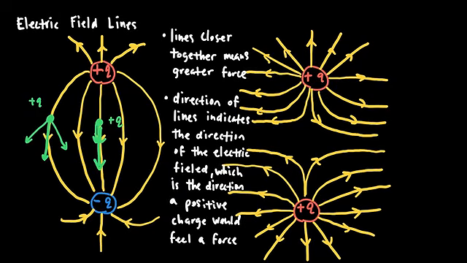For example, on the right hand side, if I put a positive test charge at this location, it would be repelled by the top charge, but also repelled by the bottom charge. And those forces, in the middle between those two charges, would be equal and opposite, and that means that it wouldn't move. For that reason, when we draw the electric field lines, none of them can go there, because charges wouldn't feel a force at that location.